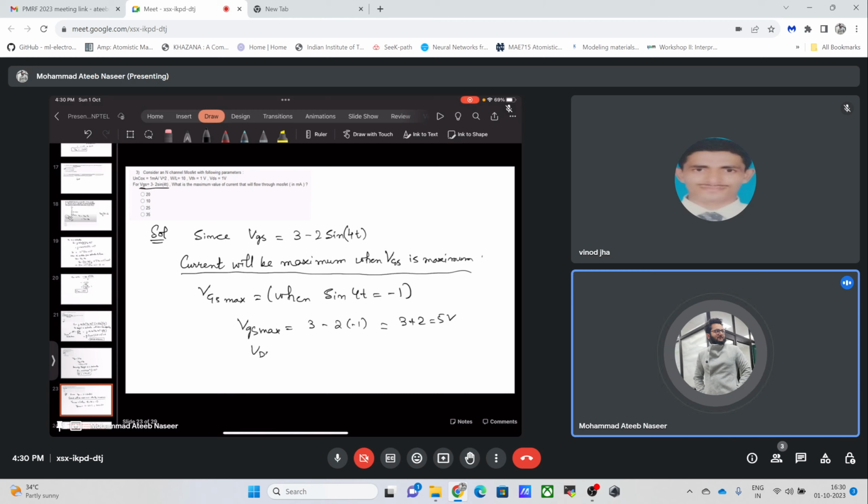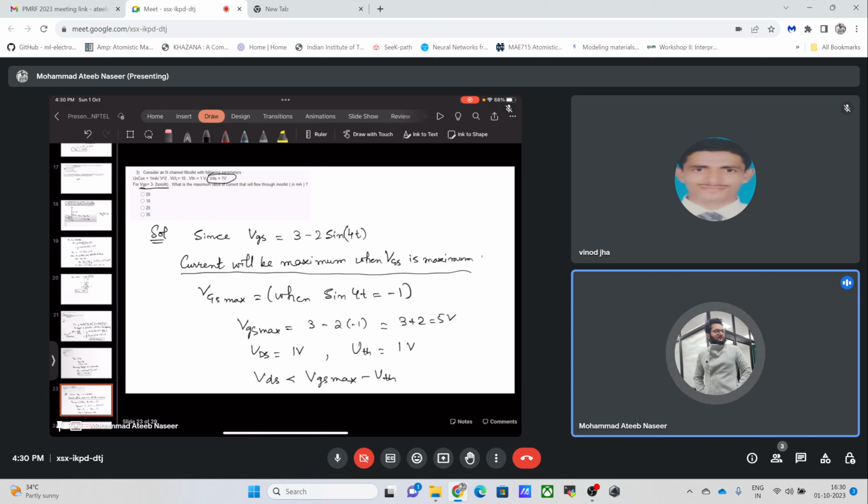Now VDS is simply equal to 1 volt. It is given to us here, and VTH is also equal to 1 volt. So now this VGS is greater than VTH, and VDS is less than VGS max minus VTH, which is 5 minus 1, 4.